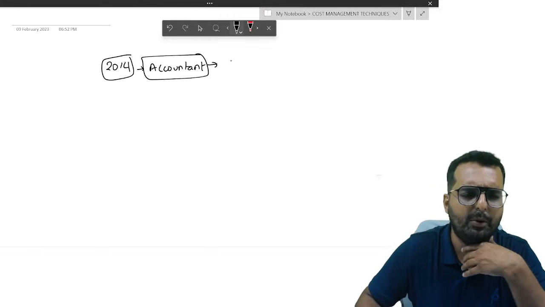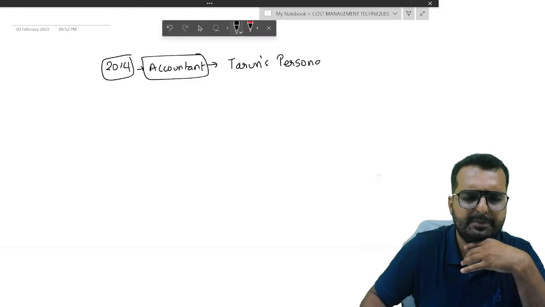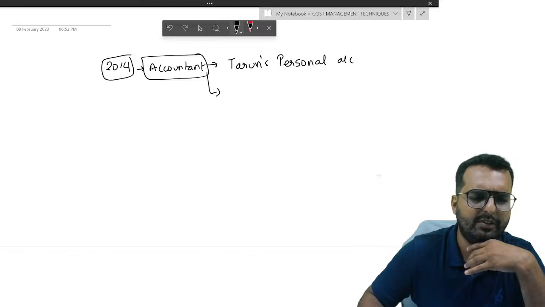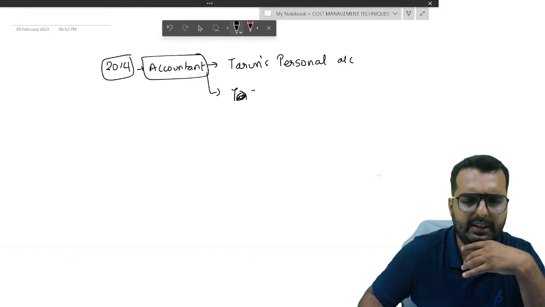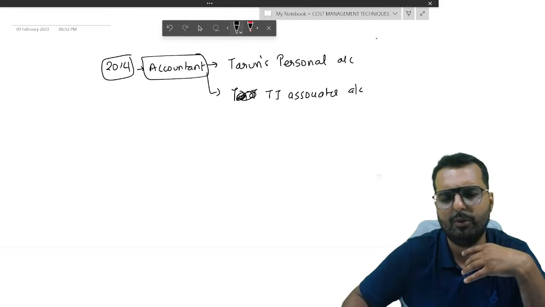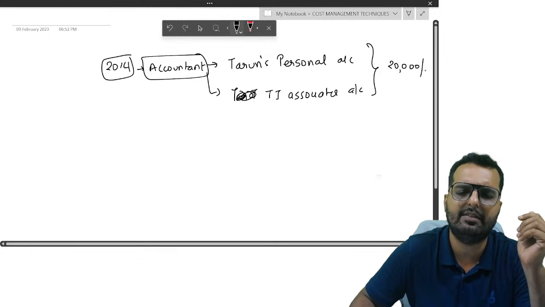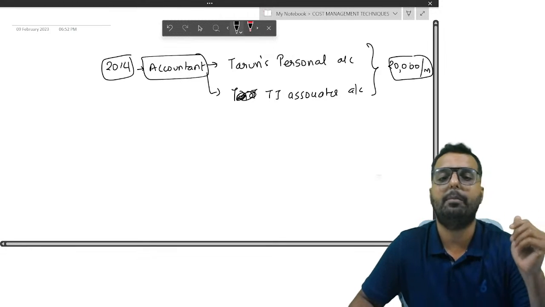This accountant was supposed to maintain Tarun's personal accounts, plus he was supposed to maintain TJ Associates, that's the firm's name. Let us assume I was paying this particular person a salary of, let us say, 20,000 per month.